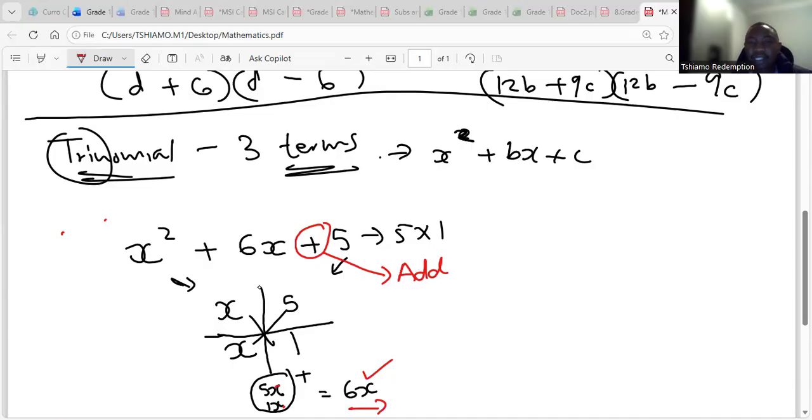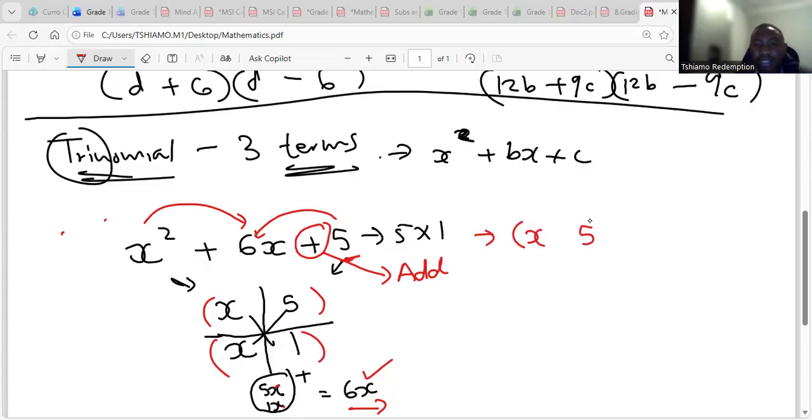We're saying the factors of 5 such that when I add them, they give me 6x. So now, as you see, it becomes your brackets, your factors. So my factors become x5 and x1. Now we need to find the terms.